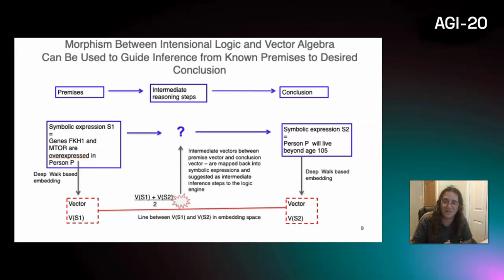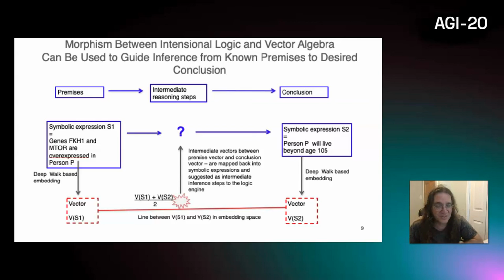Or if you're doing a clinical trial analysis, trying to figure out why some people are cured of COVID by a certain drug and others aren't, you feed in information about all the patients and their genomics, and all this general knowledge about genomics and genes and pathways and bodies. You get an embedding vector for each person from the atom space, and then you do the supervised classification problem of people who this drug helped with their COVID, people who this drug didn't help. You do that classification problem on the embedding vectors that were gotten by embedding the nodes corresponding to those people in the atom space into a vector space.